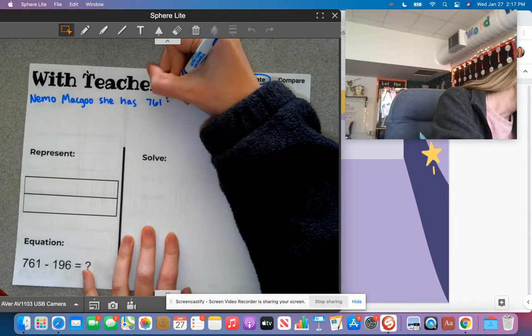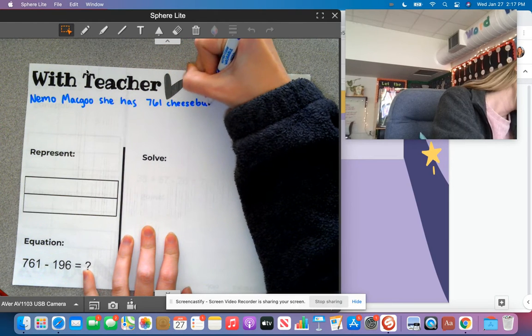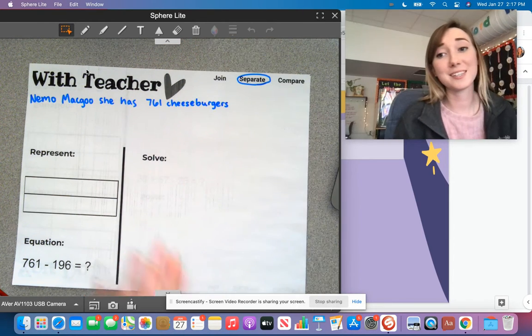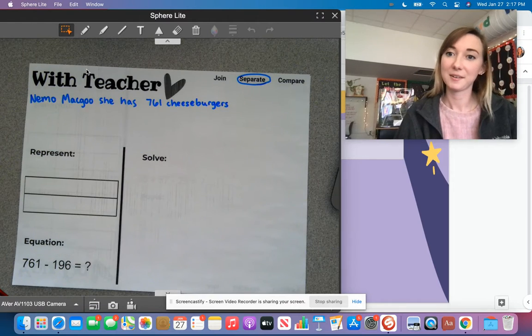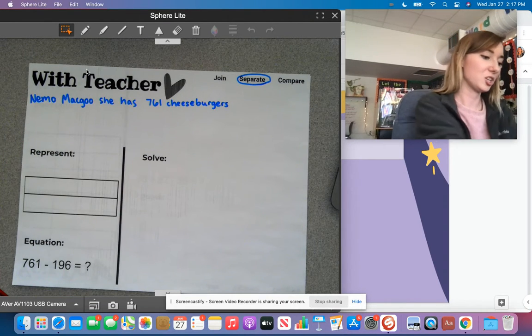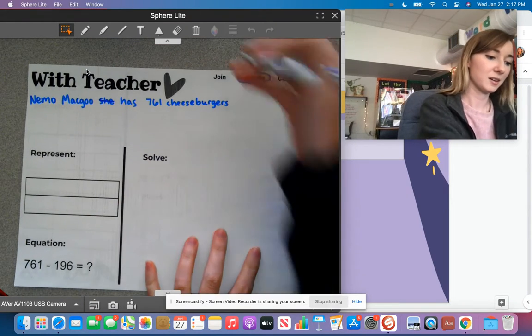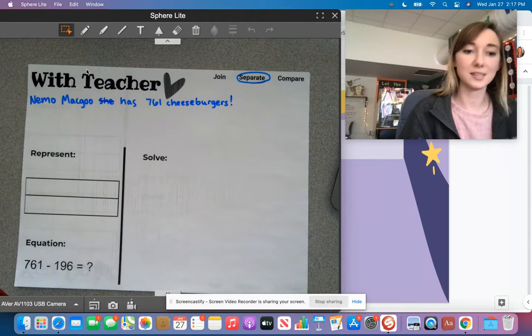She has 761 cheeseburgers. Oh my gosh, this is an imaginative word problem. Nemo Magoo has 761 cheeseburgers. I'm going to put an exclamation mark because that's kind of crazy.